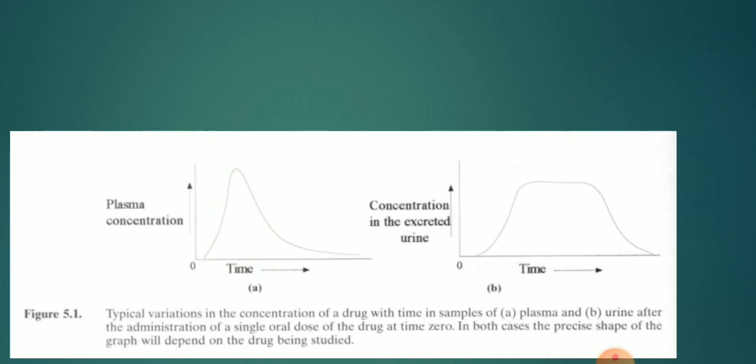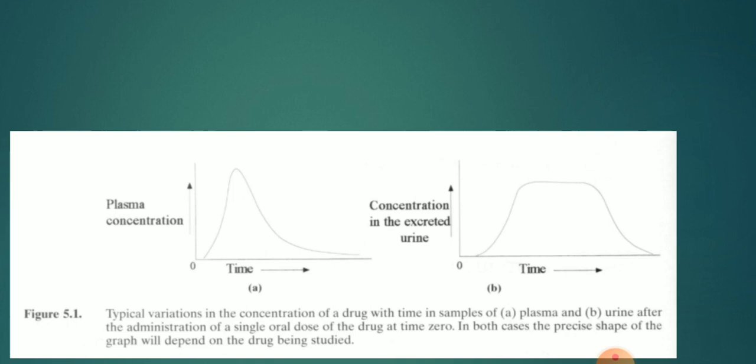Suppose the drug is paracetamol, and this IV preparation will definitely give you around 100%. The area under the curve will be more, and it will be multiplied by 100. So AUC of oral preparation divided by AUC of intravenous preparation of the same drug multiplied by 100 will give you the bioavailability of that particular drug.